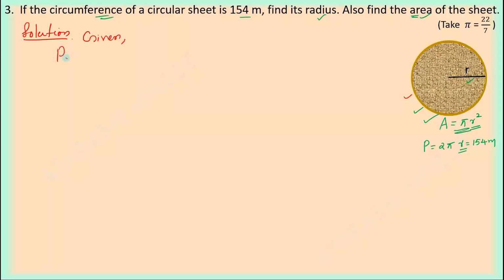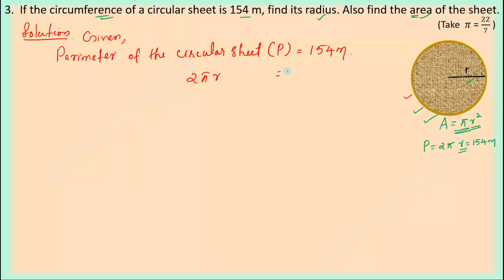Here it is given, perimeter of the circular sheet equal to 154 meter. Here write the formula for perimeter, that is 2 pi r equal to 154 meter.